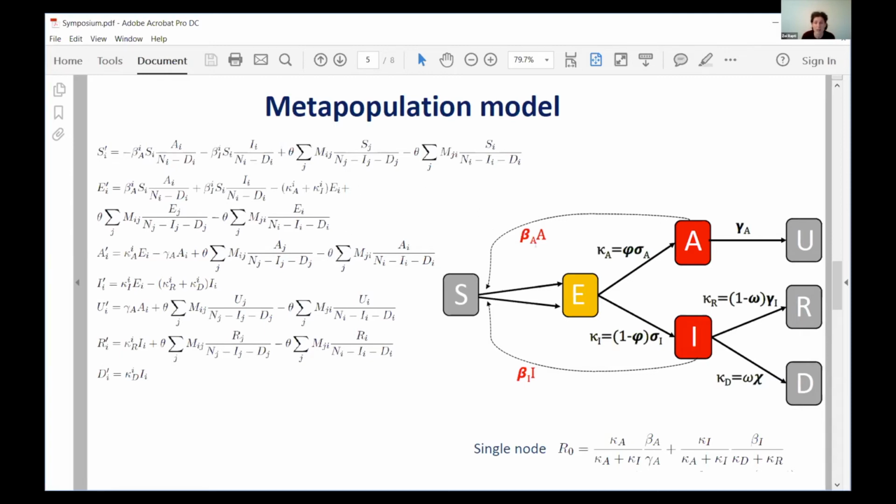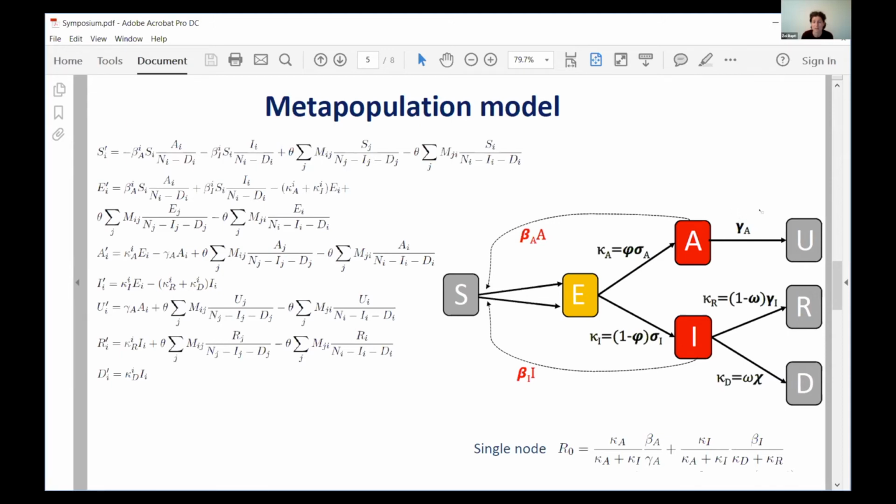And we have several parameters here that are unknown. So phi is the fraction of the exposed that become asymptomatically infectious. 1 minus phi is those who are symptomatically infectious. Sigma_alpha is the inverse of the average time it takes to go from the E to the A class, and sigma_I has a similar meaning here.